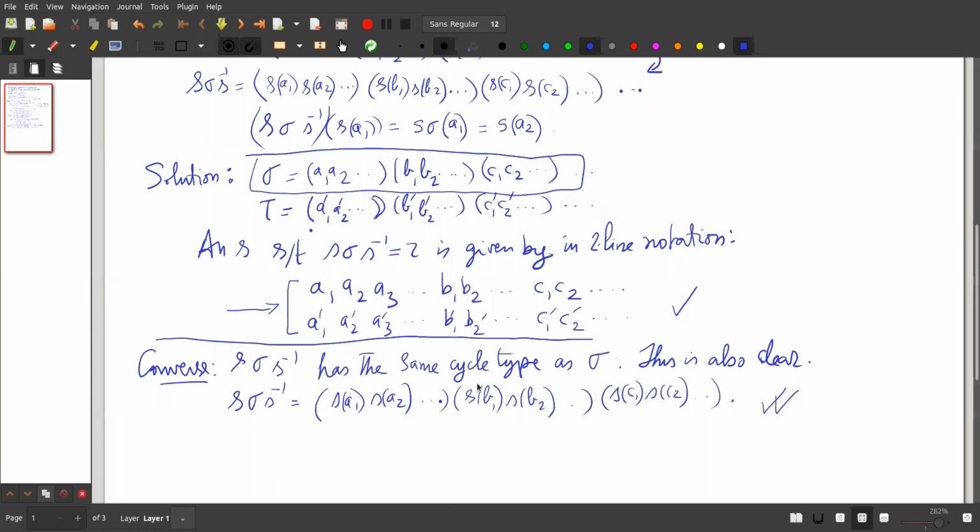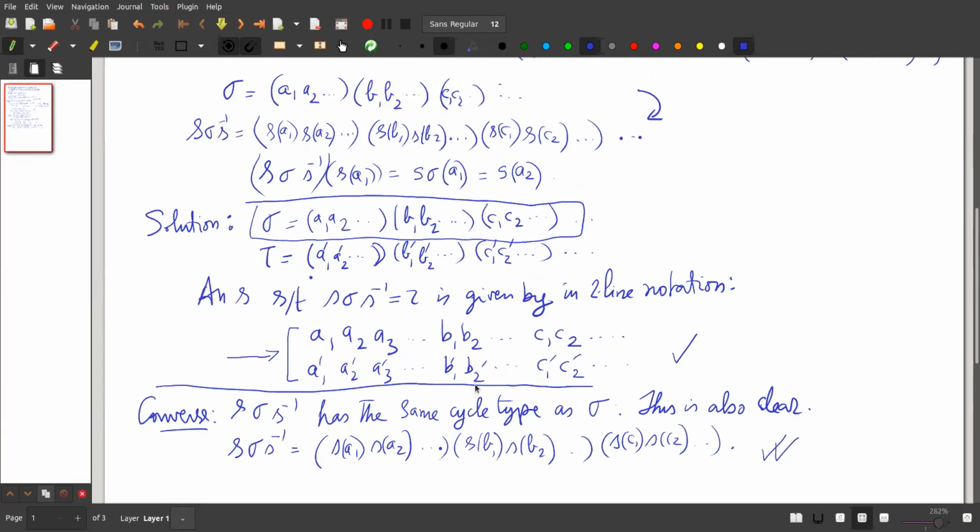Can we move on, please? Or if there are questions, I can answer. This is a very important fact, and facility with this will be very important for understanding even a little bit of group theory, because permutations form the most important example of groups.